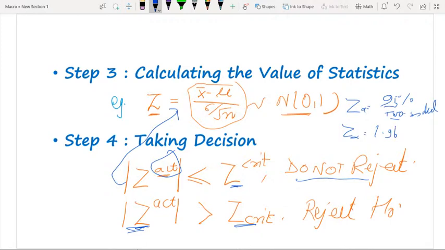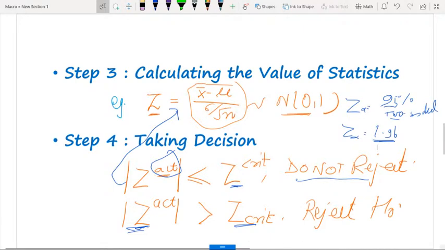So we compare the value of calculated Z from step three to 1.96. If it is less than or equal to 1.96, we fail to reject the null hypothesis, and if the calculated Z is greater than 1.96, we reject the null hypothesis.